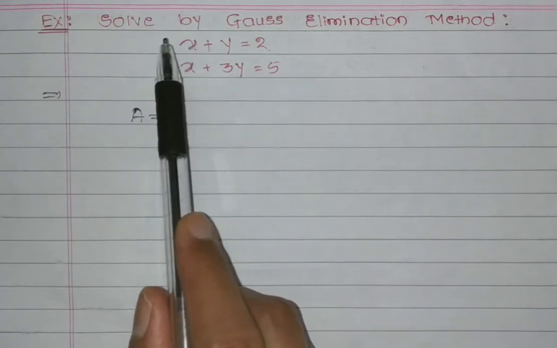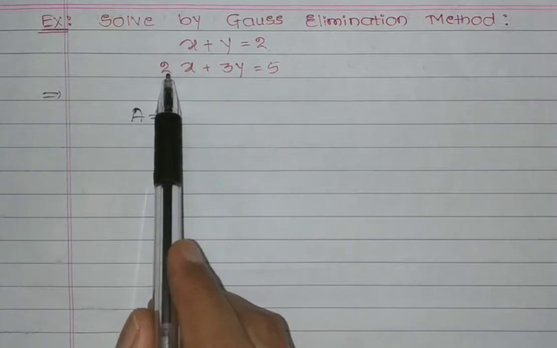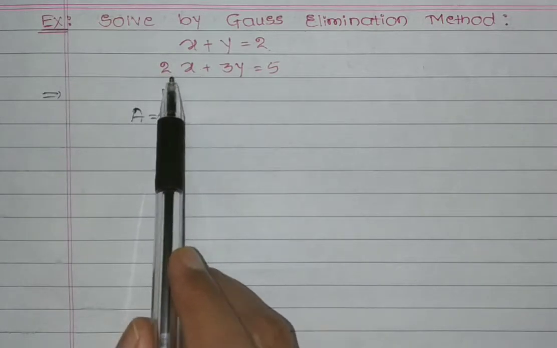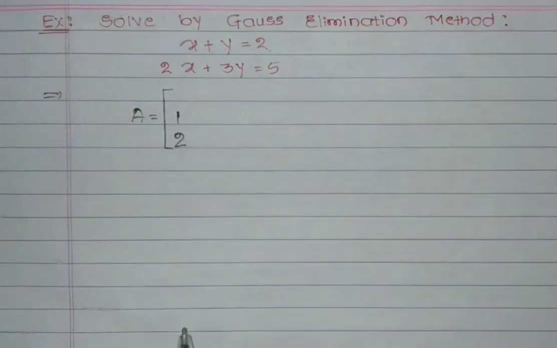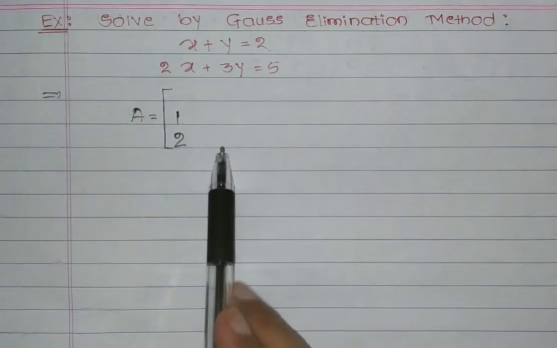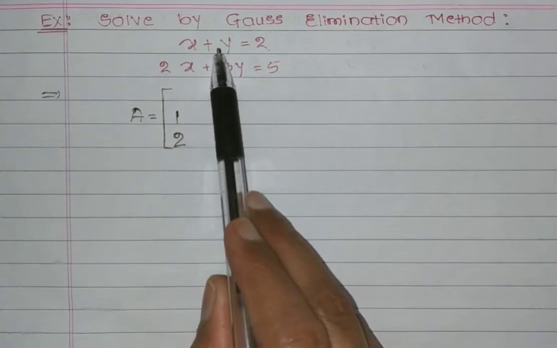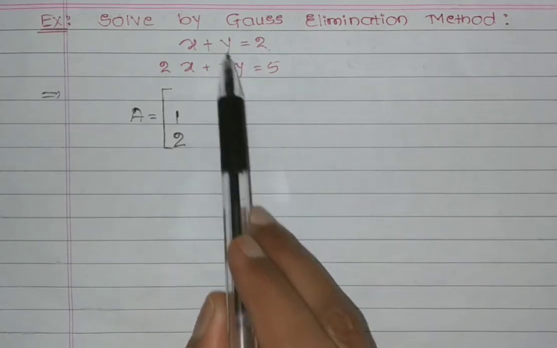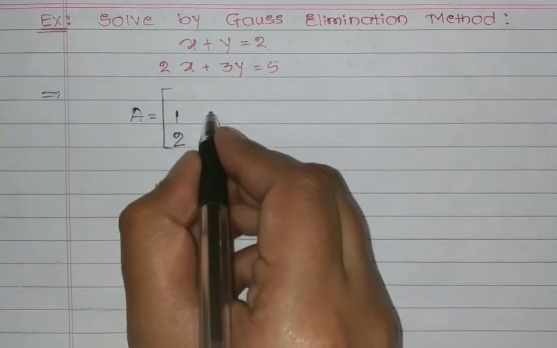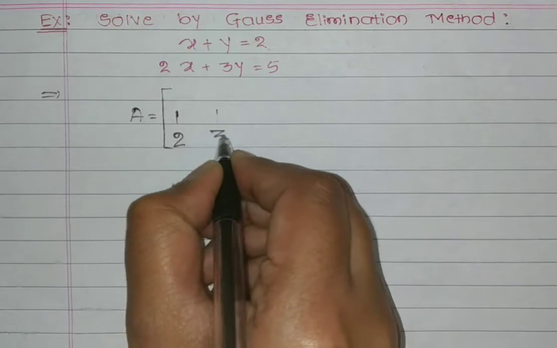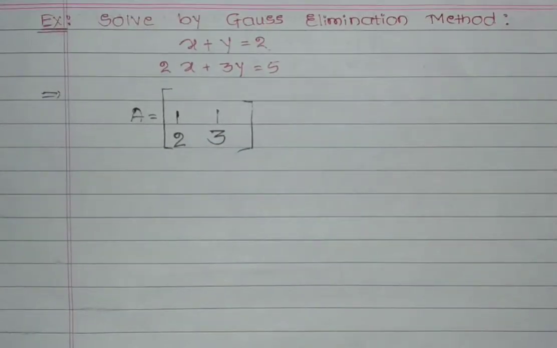In the first equation the coefficient of x is 1 and in the second equation the coefficient of x is 2. So here we have 1, 2. Similarly, in the second column we have to write the coefficient of y. The coefficient of y is 1 in the first equation and 3 in the second equation. So here it is 1 and 3. This is about matrix A.